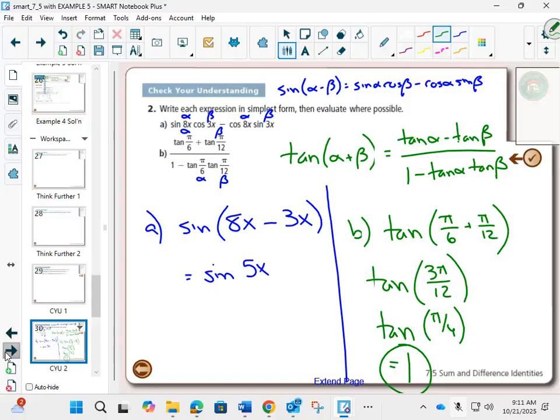I don't know if it bothered anybody else that the spacing wasn't quite, like there's 15 degrees between 30 and 45, but there was 30 degrees between 0 and 30, 30 degrees between 60 and 90. With these formulas, we're going to be able to cut those in half and do the 15 degree family, the pi over 12 family, without our calculator.